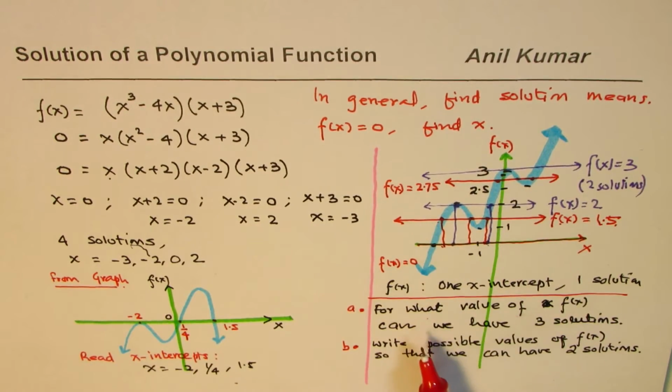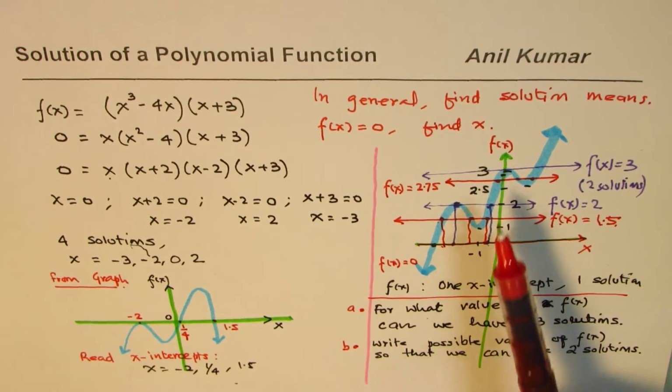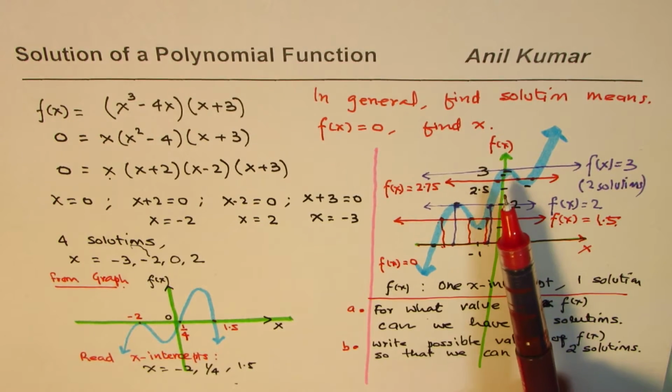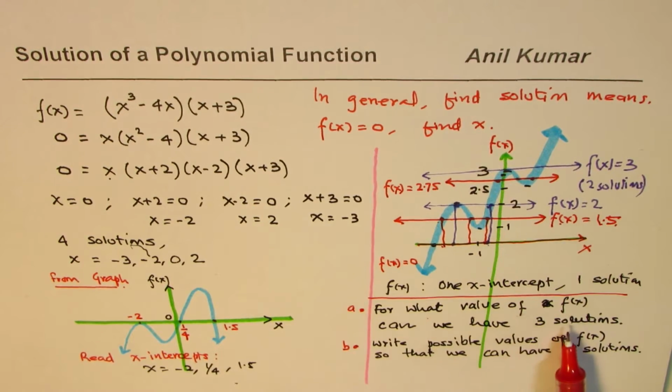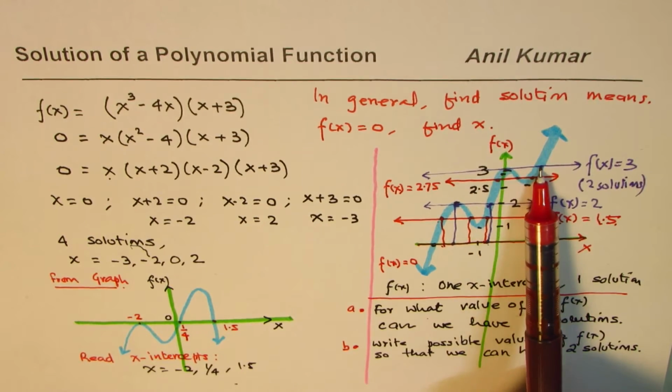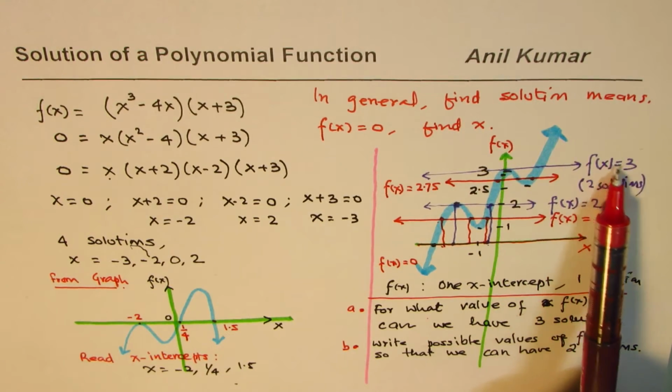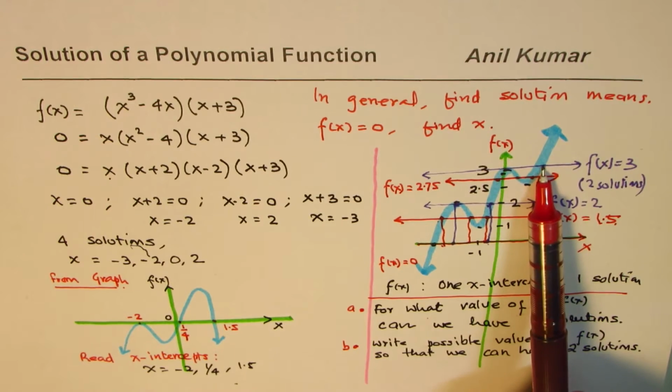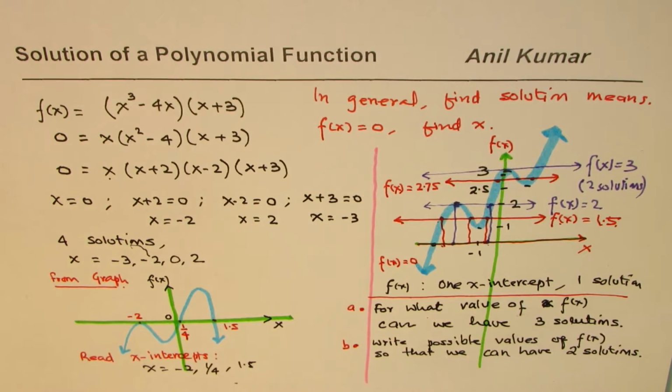For example, in this case, we are trying to say for what values of x can f of x have a value of 3. If we say 3, then there are 2 values of x. That means for f of x equals 3, we have 2 different solutions, right? So for the same function, we could have many different solutions.